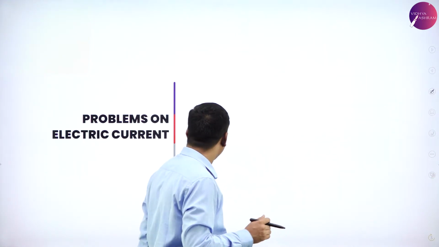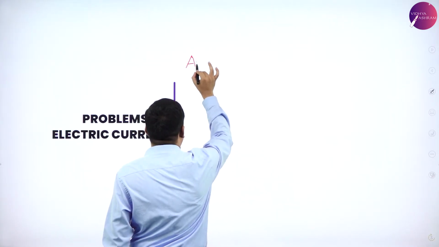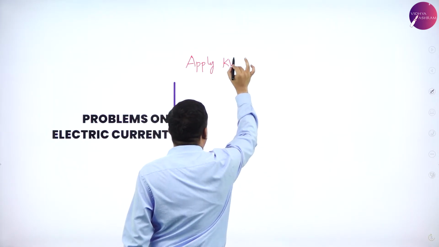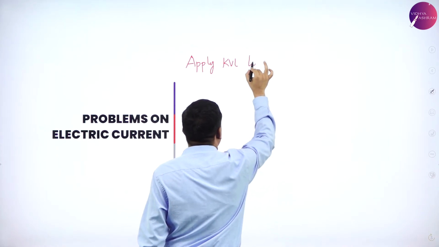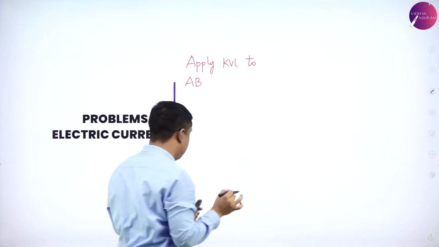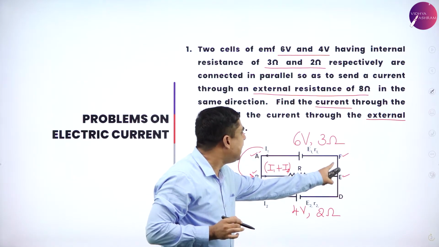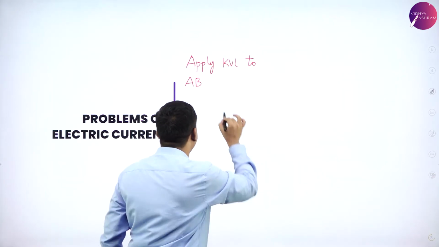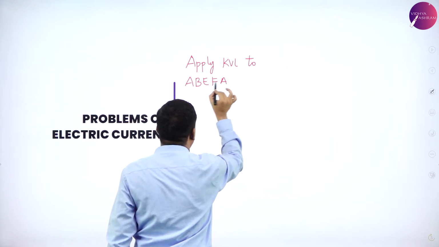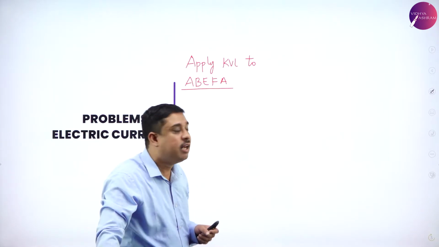Now, what I do is, I will apply Kirchhoff's voltage law to the mesh A, B, E, F, A. So I am applying KVL.